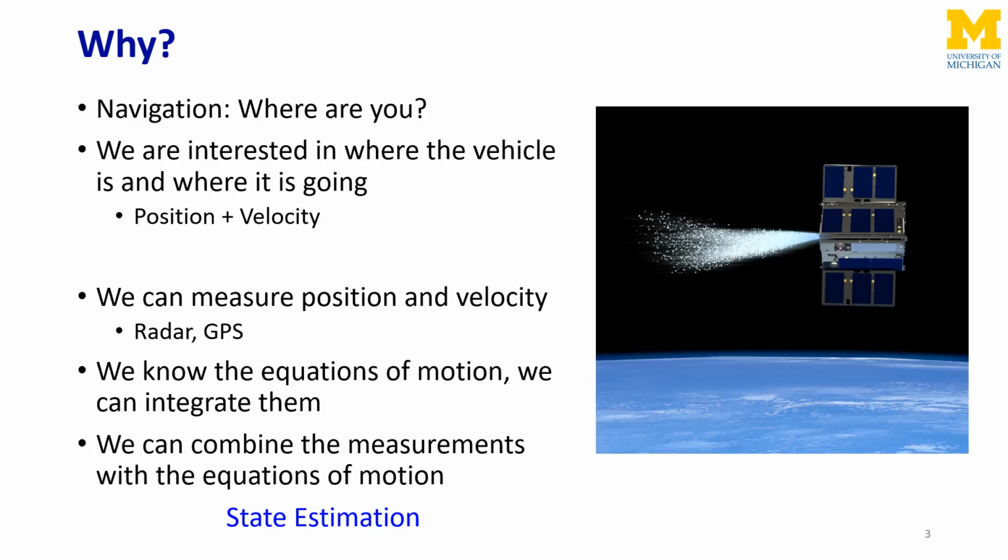But again, those models might not be perfect. They might have errors. You might not know the inputs exactly, or many other things can happen. But since we have some measurements and we have some equations of motion, we can combine these two, and we can estimate the states using the combination of these two objects. That's the process that is called state estimation. So in state estimation, we combine the equations of motion with the measurements to estimate the state X.